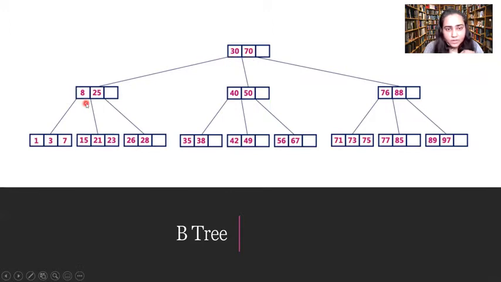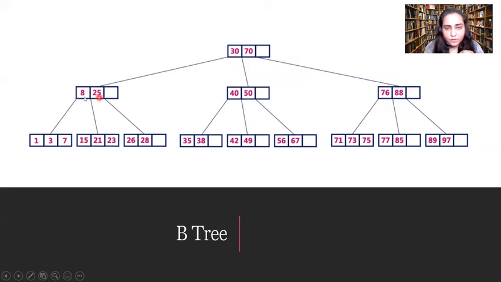Then I have the next level where you can see 8 and 25, 40, 50, 76 and 88, they are all sorted. And then the last level also contains everything in a sorted order. You can verify that for yourself. And another nice property of this is that when you see a link going from 30 to this node, you can see that on the left side of 30, everything is smaller than 30.